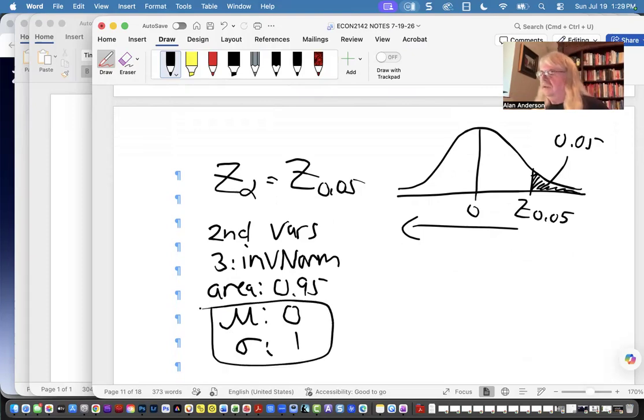Okay, so if you plug that in, you'll have 0.95. The rest is by default already there, 1.645, right? That's a number you've seen before. It's starting to get very familiar.